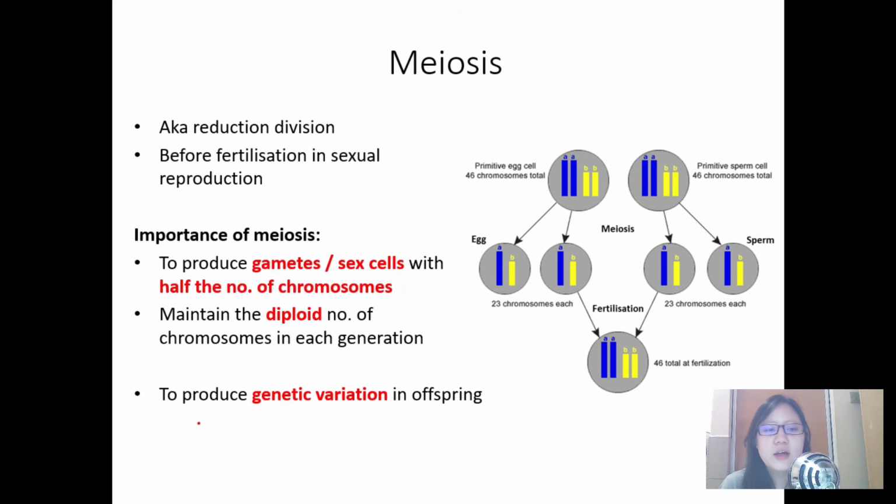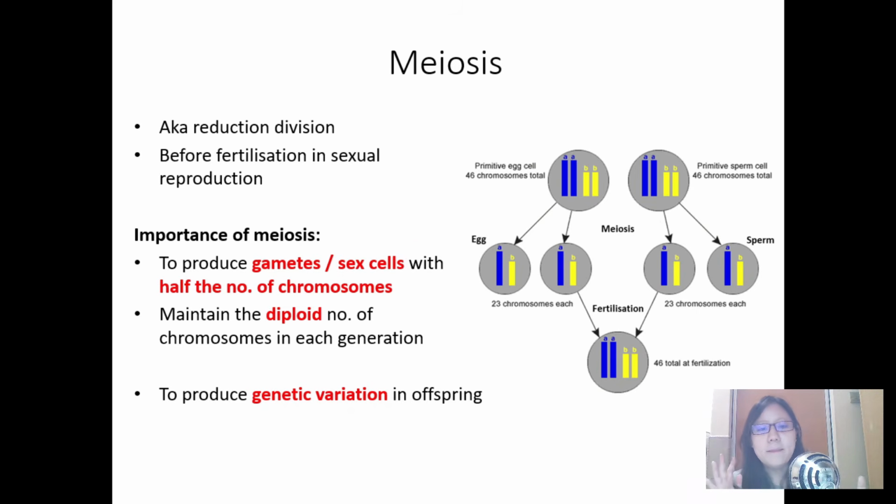And that is that meiosis actually produces genetic variation in offspring. What does genetic variation mean? You and your sibling, right? You're not genetically identical. You have differences in appearance, in height, maybe even intelligence and beauty. Who knows?